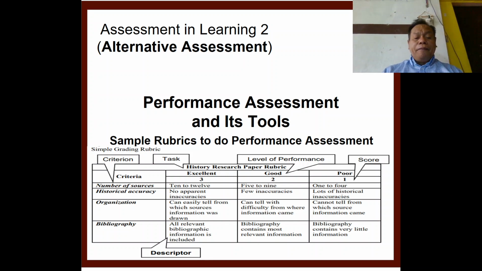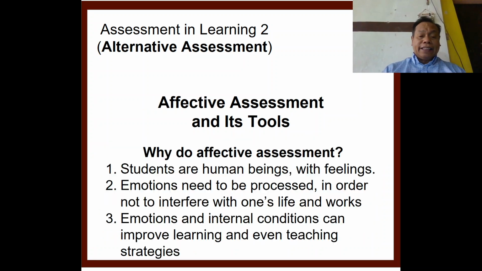For the criteria, you need to have the levels of performance, like excellent, good, or poor, and you need to score that. For example, excellent will be 3, good is 2, and poor is 1. Now, of course, you need to have a descriptor or descriptors, because why will you say excellent? There should be a description to make it clear. It is also a guide for students as they do their performance tasks.